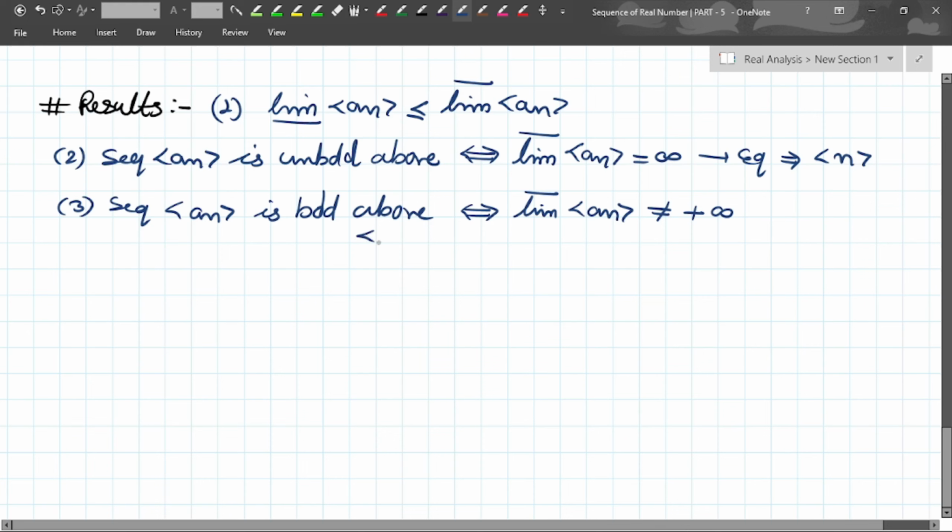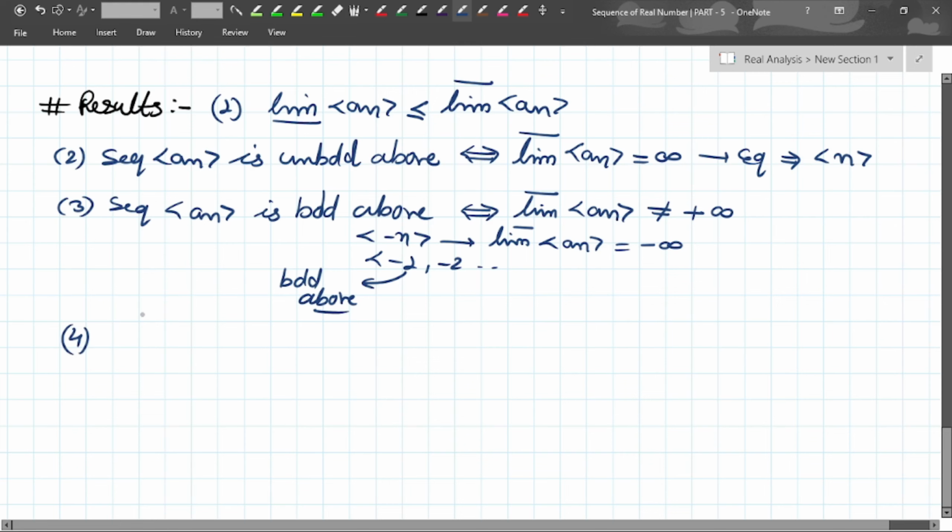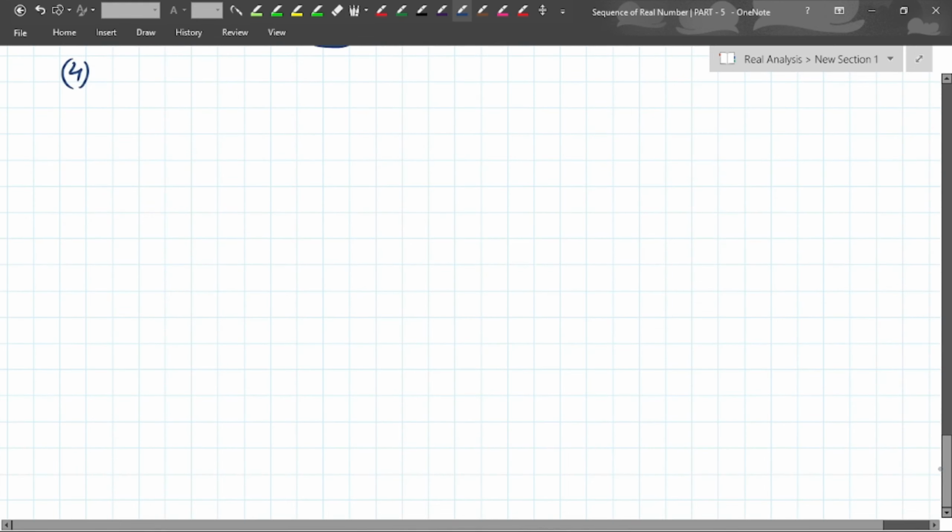Let's say minus 1, minus 2, and so on. Here it is bounded above. So the limit superior of this an is going to be minus infinity, but not plus infinity. Okay, so I will explain all the results using examples. Next we have: the sequence an is unbounded below.